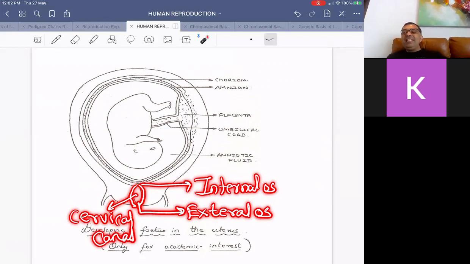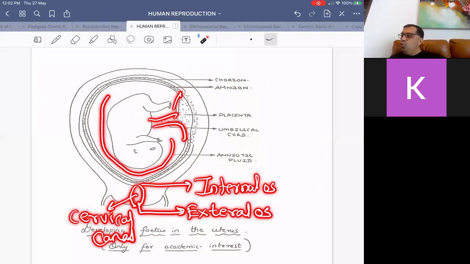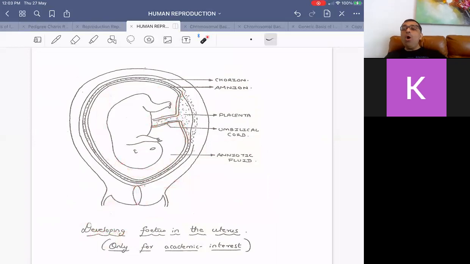Sir, when the fetus is developing in the mother's uterus, here we have umbilical cord and placenta, and there is a lot of fluid around the baby, which is called as the amniotic fluid. And the baby is nicely rotating in the amniotic fluid.